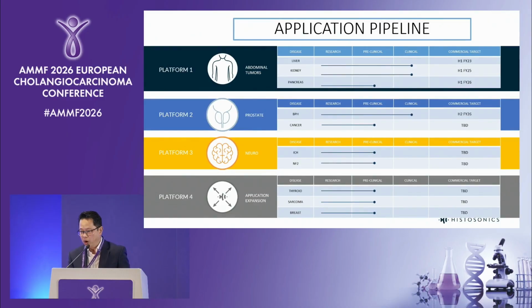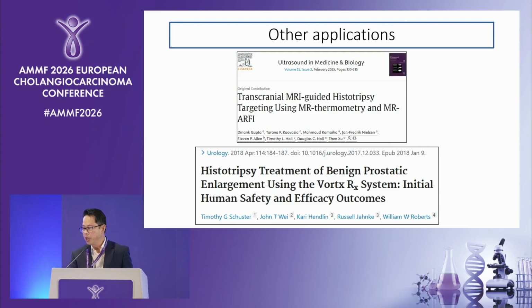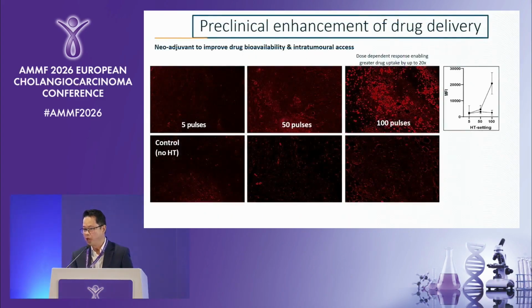There are a lot of other applications. Some of them are in research status, which I'm not going to elaborate. And certainly it has also been considered for use in the brain using MRI guidance for image control. And just one last thing, histotripsy may have a role in preclinical enhancement of drug delivery.